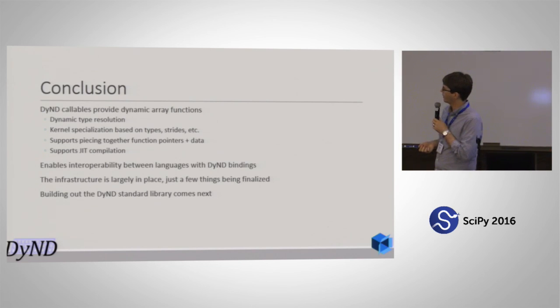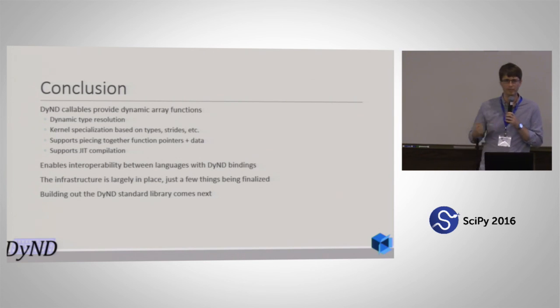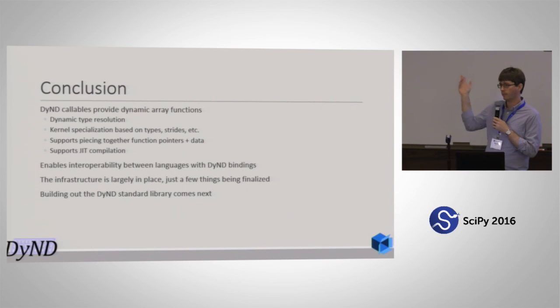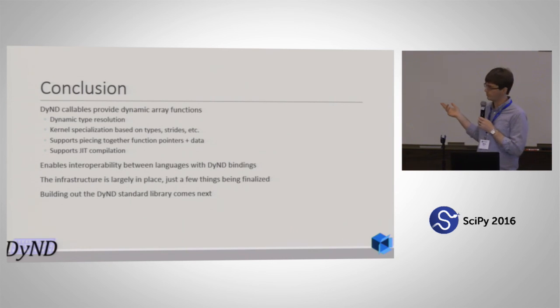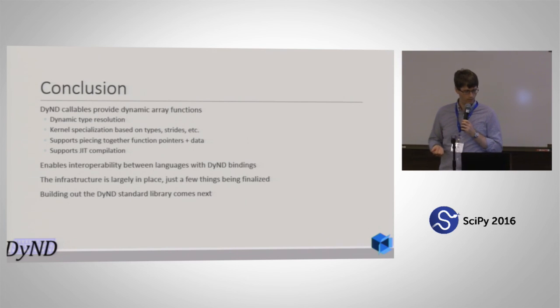And it supports both JIT compilation and piecing together functions and data in a neat way. So that's mostly there. It works quite well, so we're getting pretty close to building out a good DyND standard library. That's it. Thank you.